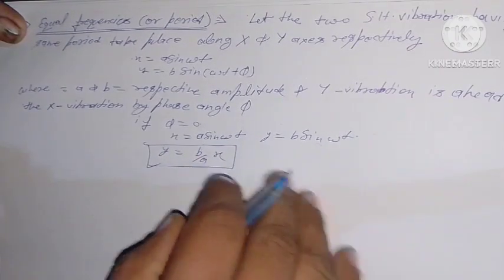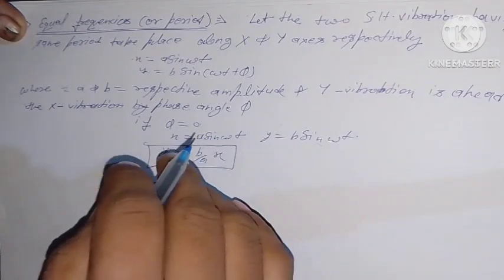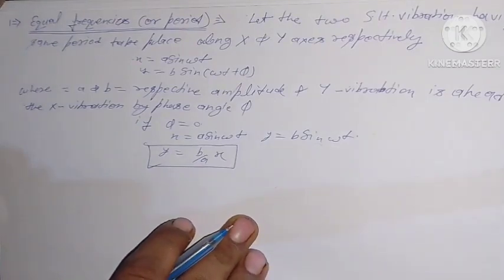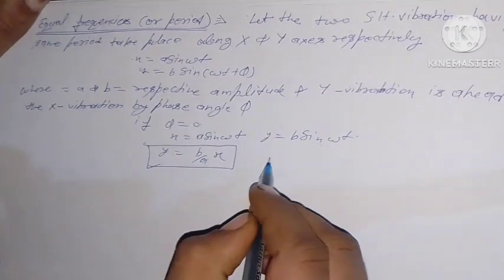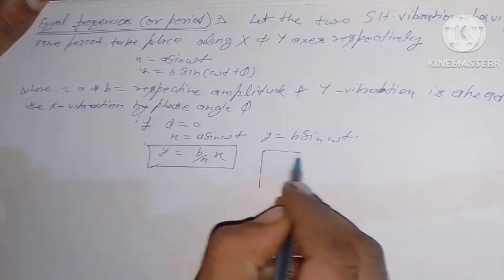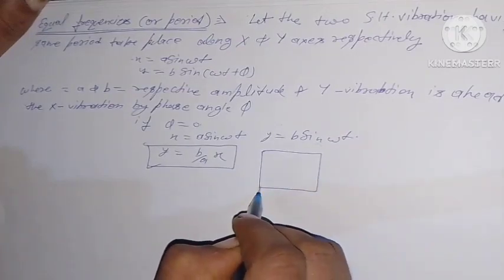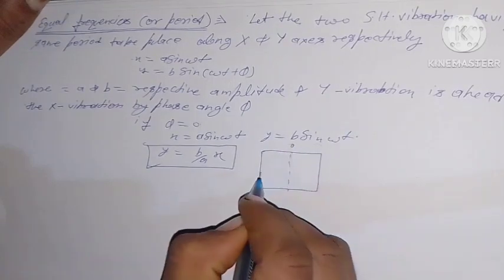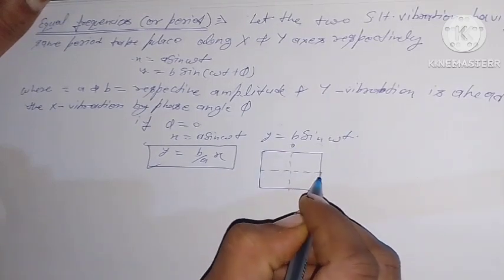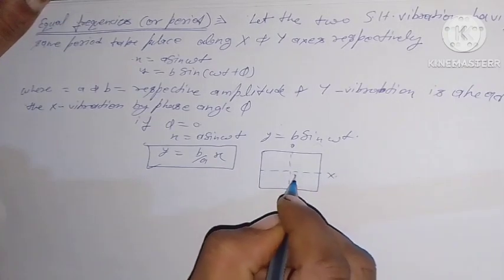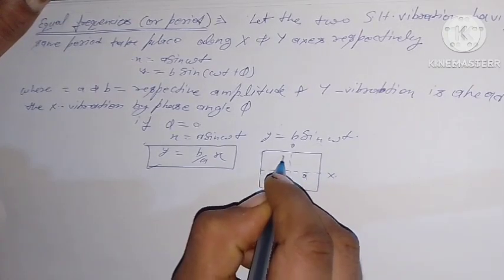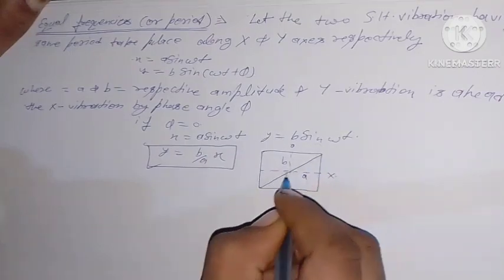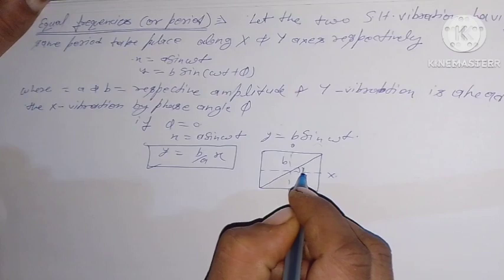This represents a straight line through the origin as shown in the figure. This is O and this is the x-axis. This distance is a and this distance is b, and this shows angle theta.